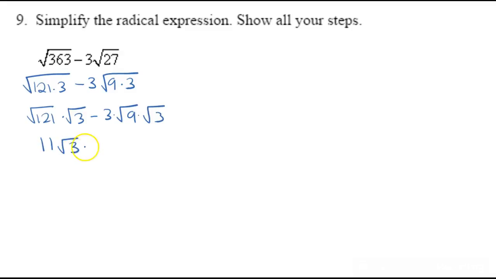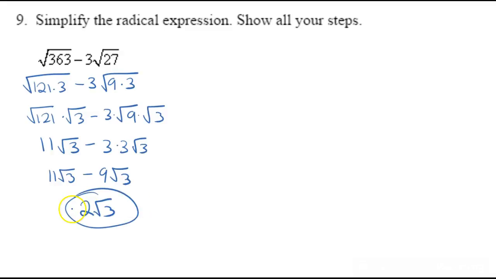So we have 11 square root of 3 minus 3 times the square root of 9, which is 3. If we keep simplifying, 3 times 3 is 9. Ooh, this looks good, we have the same radical here, because then they're like terms. So 11 minus 9 is 2, so 2 square root of 3. And that's our final answer there.